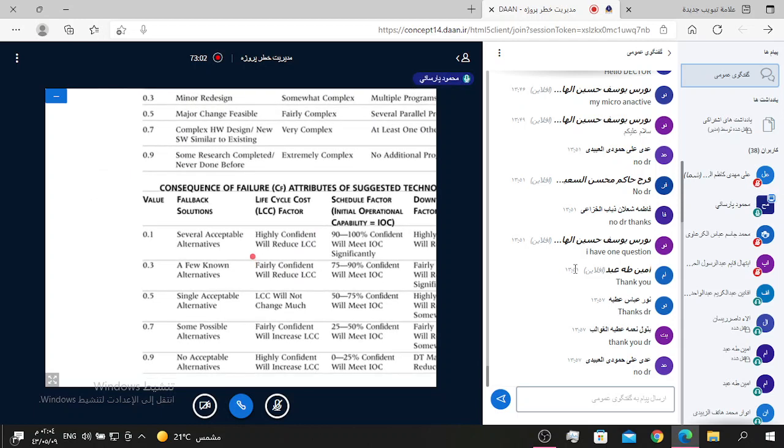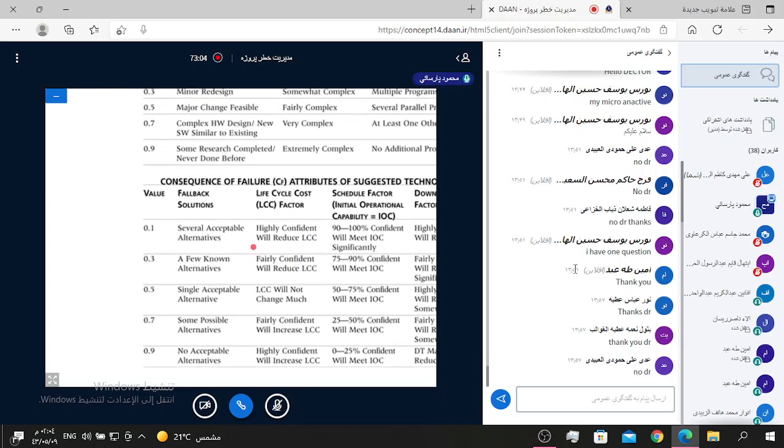From the left, the first column is the amount or number of probability, 0.1 or 10%, 0.3 until 0.9 or 90%.